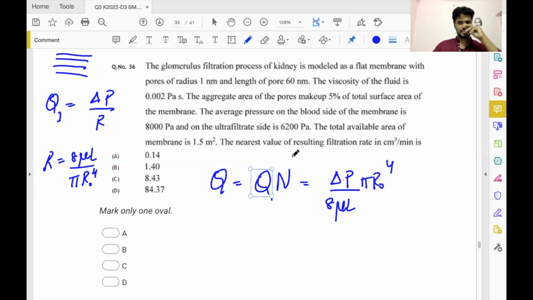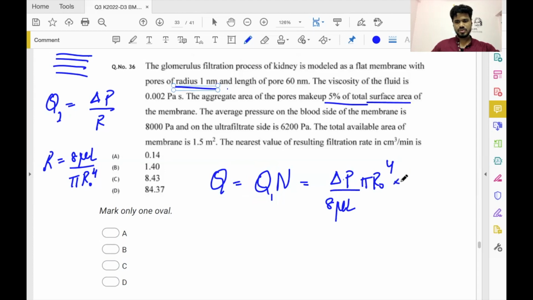Number of pores: we can calculate the number of pores because we know the radius, and roughly we know the total pore area because it's given to be 5% of the total surface area of the membrane.